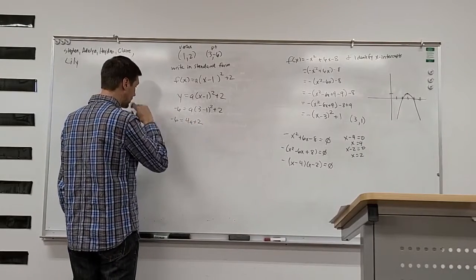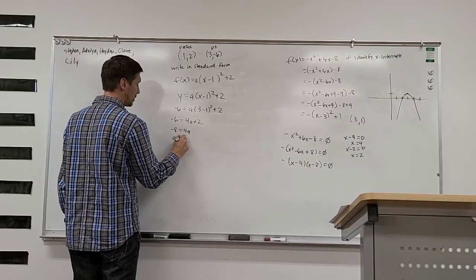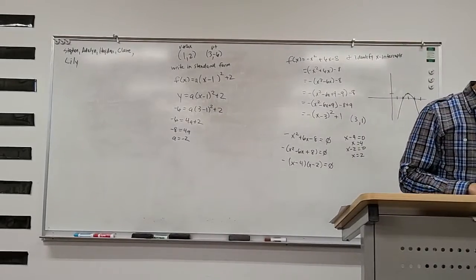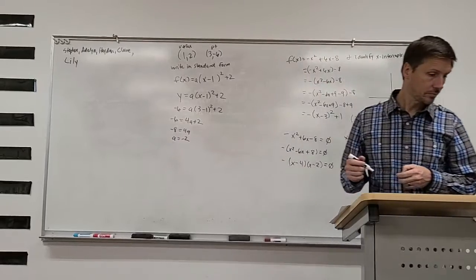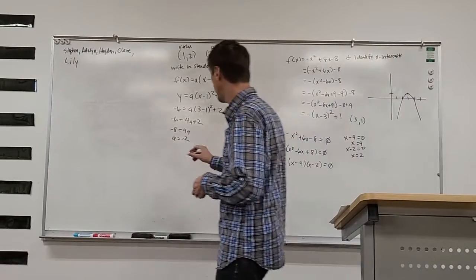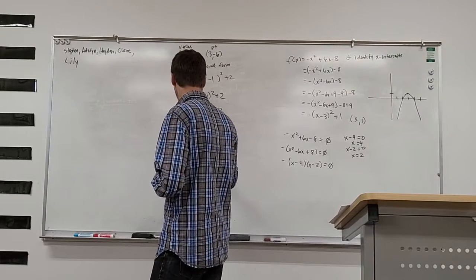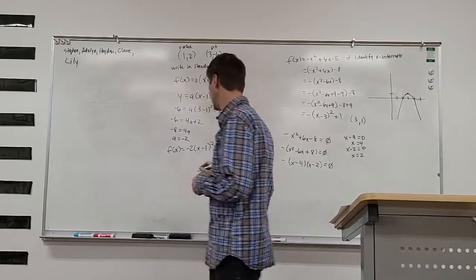And we move our 2 over, so we got -8 equals 4a. And so a equals -2. And so now we can write the final version of the equation, which is f of x equals -2(x minus 1) squared plus 2.